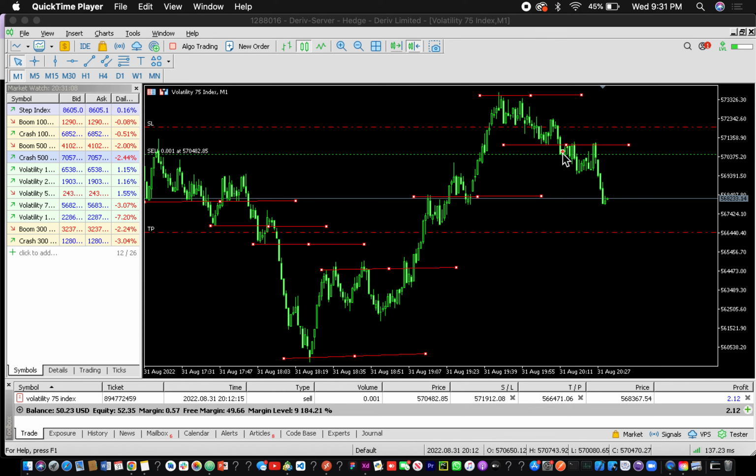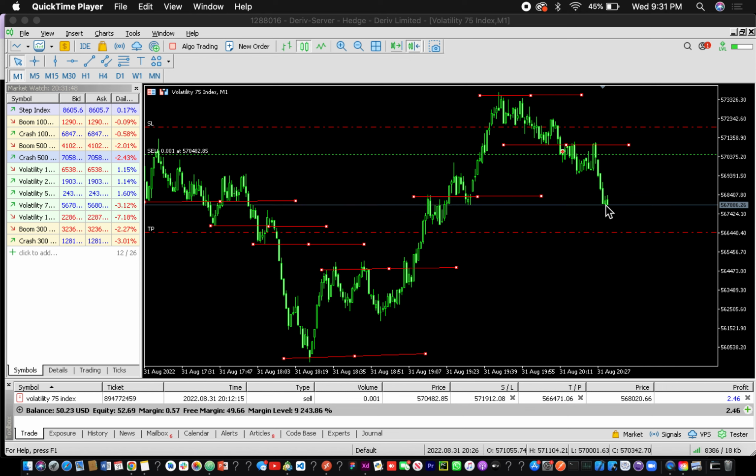So when it did, I took a trade from here, and it's been around 10 minutes or so, and we are in profit. So this is my take profit, and my stop loss. I always put my stop loss at the previous reversal point before it came down to continue that trend, right?